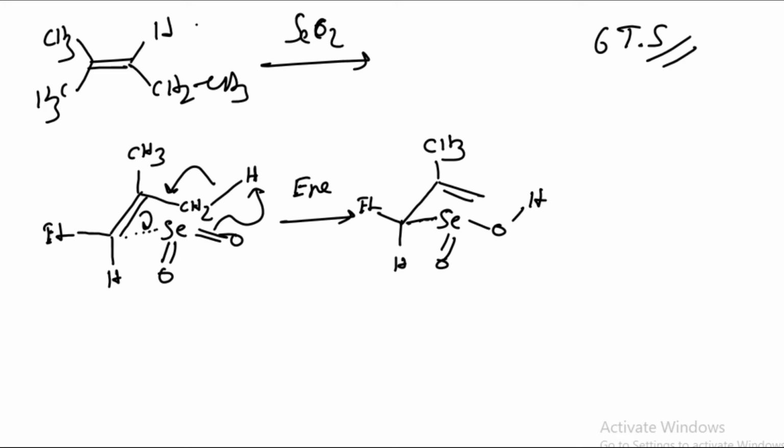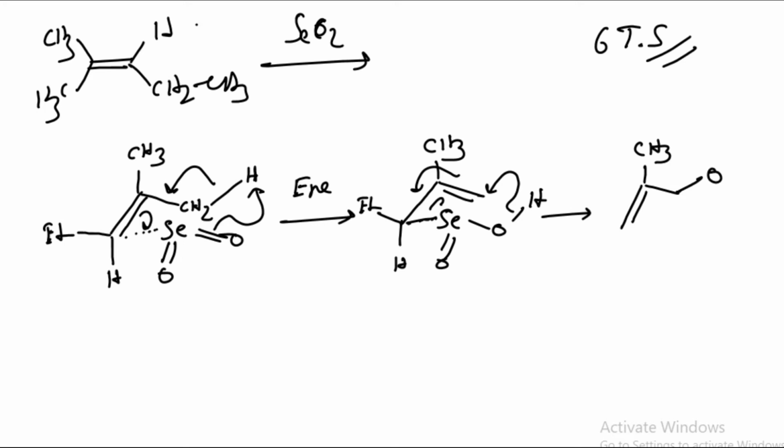After that, this becomes O minus by the release of a proton. This O minus attacks again here, this goes back into this position, and this cleaves. So you get this allylic alcohol.